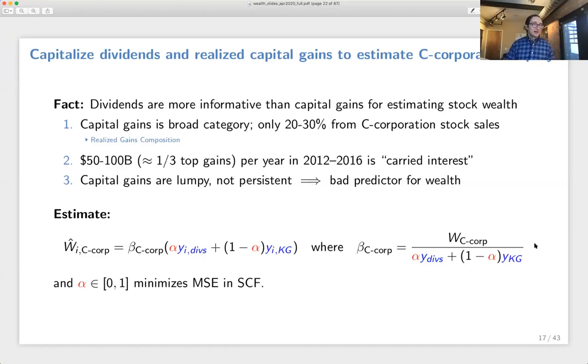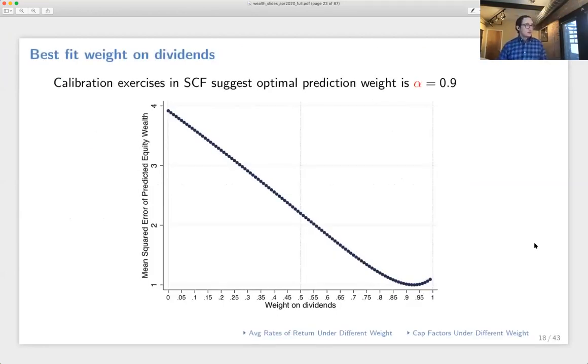We're actually going to use the SCF to try and estimate the relative weight on dividends versus realized gains when estimating C corporation wealth. So here what we do is we take actual C corporation wealth in the SCF. We have the flows for dividends, the flows for realized gains. We're going to take a weighted average where alpha is the weight between those two flows and see how that capitalized flow, the weighted average flow, predicts the error relative to actual C corporation wealth.